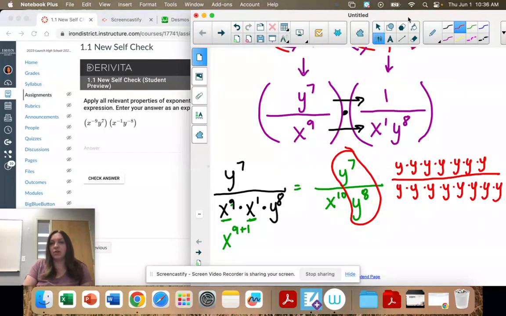Writing them all out so you can see what happens. All 7 on the numerator can cancel out with the denominator, and that leaves how many on the denominator? Just 1.